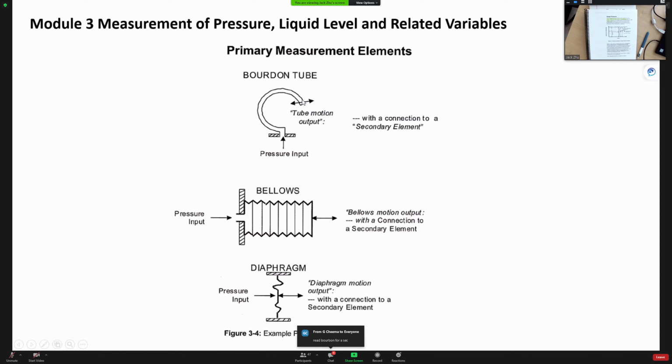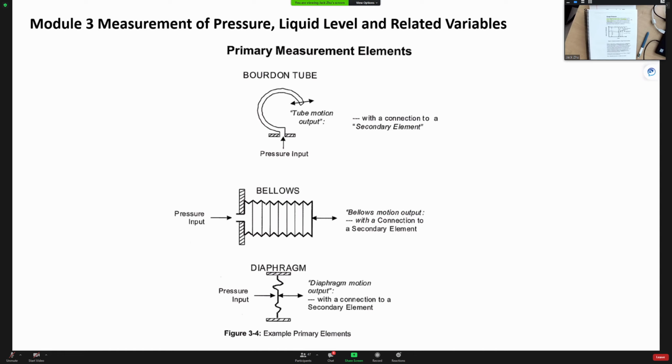So it will try to extend, try to become straight. Depending on the pressure you put in, it will make that change. And the Bourdon tube can be used for very low to very high pressure measurement, depending on the one you're choosing.